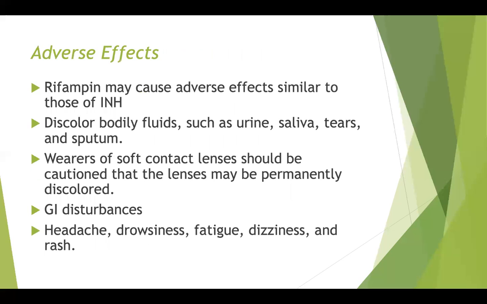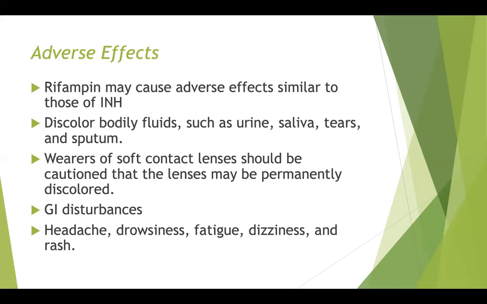Rifampin may cause adverse effects similar to INH. Okay, so adverse effects similar or the same as INH or isoniazid. Discolor body fluids such as urine, saliva, tears, and sputum. Okay, so this happened to me. When I was taking rifampicin before, and I passed urine, my urine color was orange.